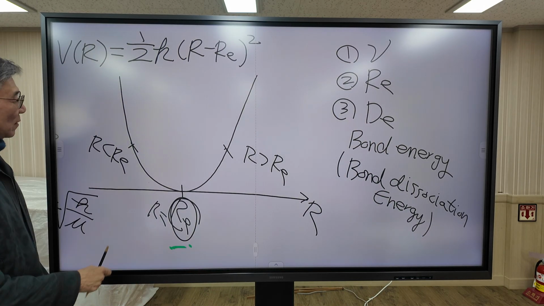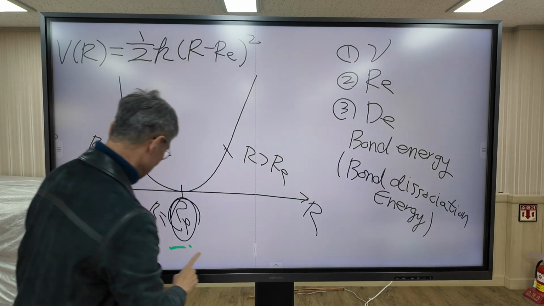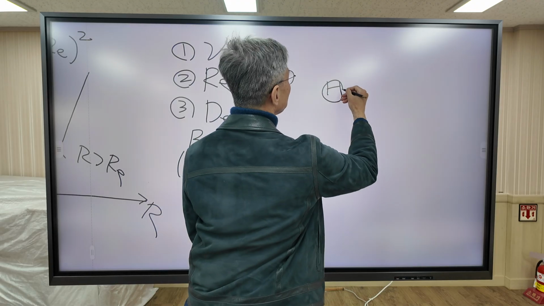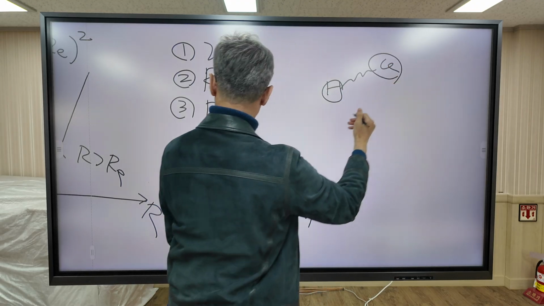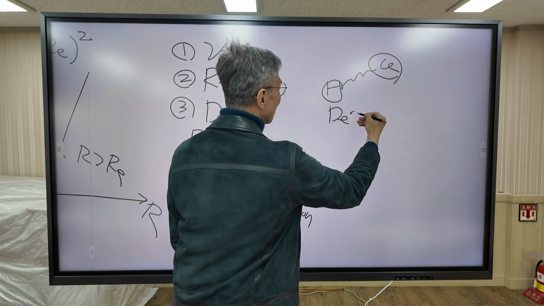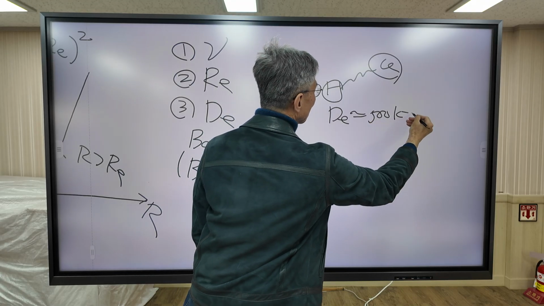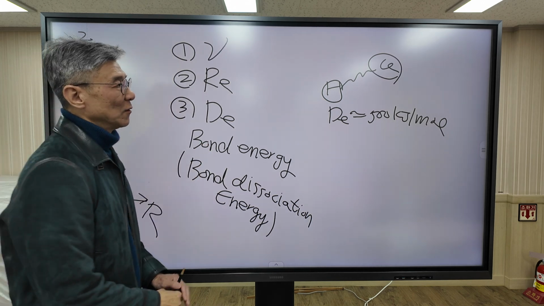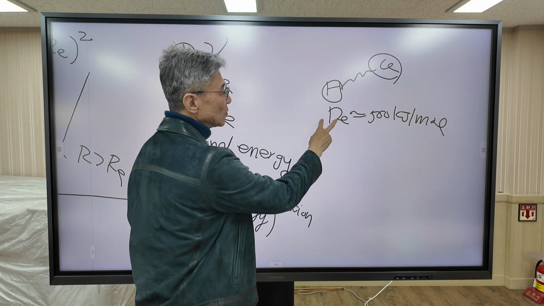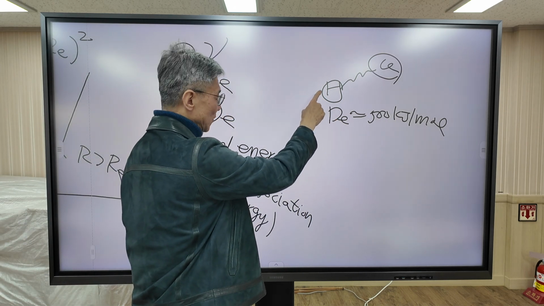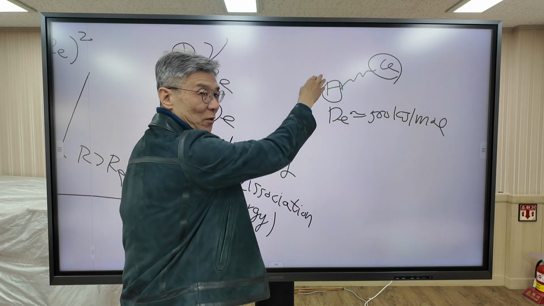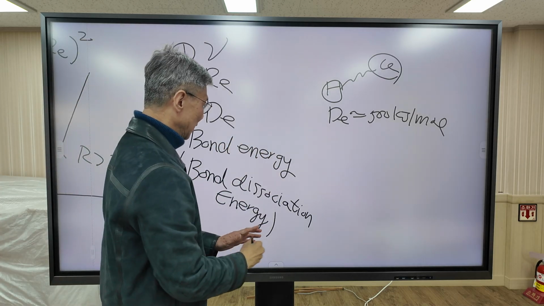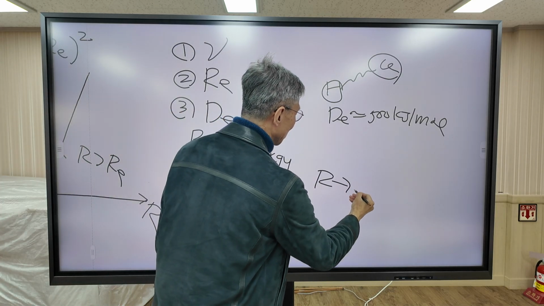For example, for the HCl molecule, the bond dissociation energy is approximately 500 kJ per mole. It means that when we provide more than 500 kJ per mole to the HCl molecule, the molecule dissociates. The bond is broken. Mathematically speaking, when the bond is broken, it means that r can go to infinity.